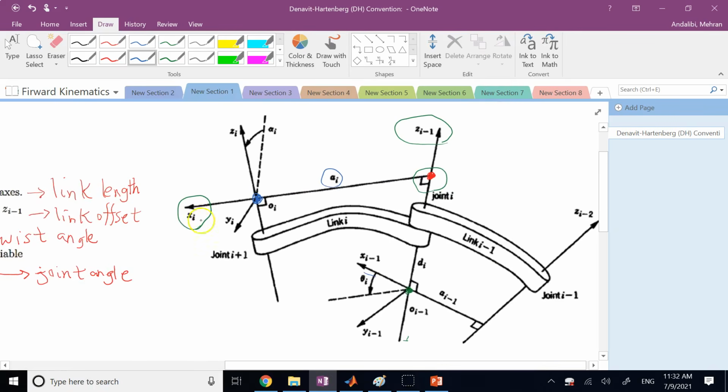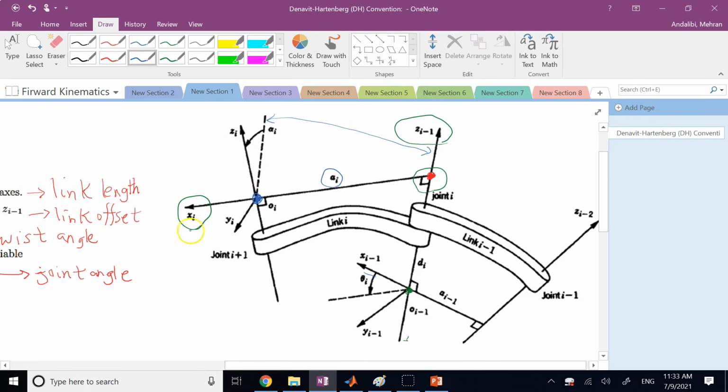Now, when the two x-axes are aligned, does it mean both frames are perfectly aligned? No. If I want both frames to be perfectly aligned, at least I need two axes of the two frames to be aligned, then the third one will automatically be aligned because they are both right-handed systems. So the x's are already good. Now what I do is align the z-axis. So the zi minus 1, this direction here, is the same as what? I try to align it with zi, the new z that I need.